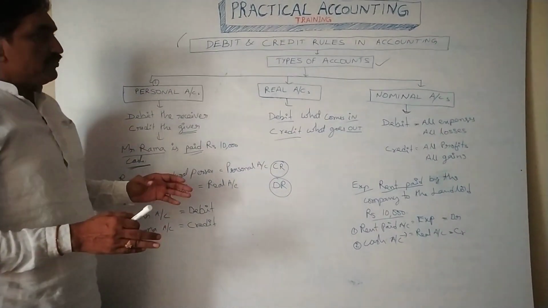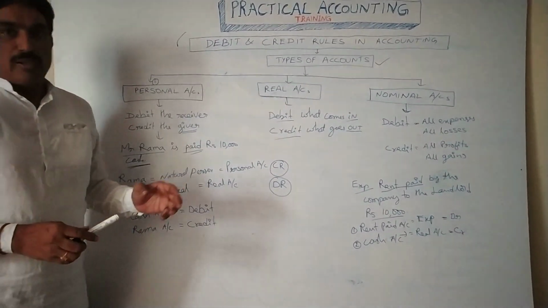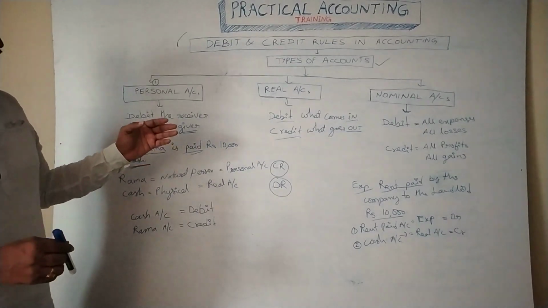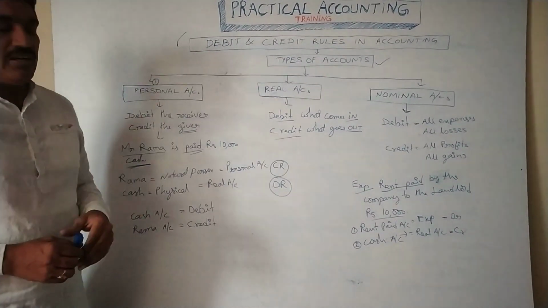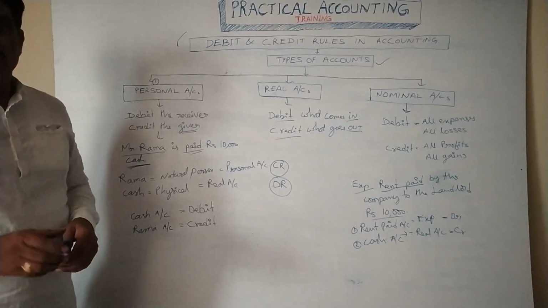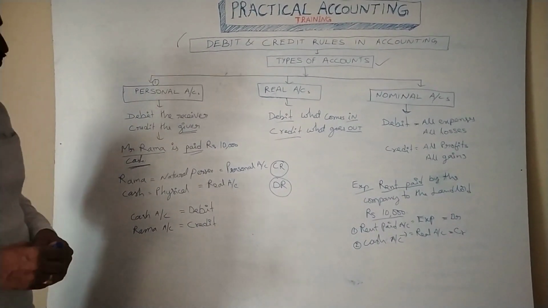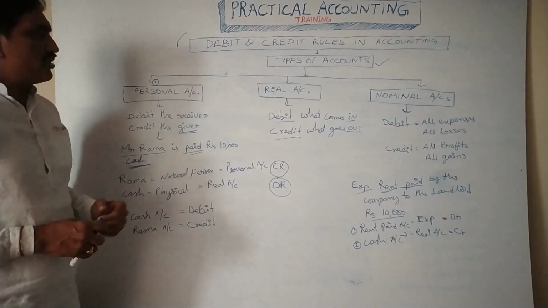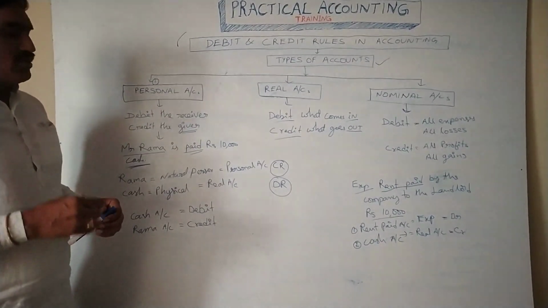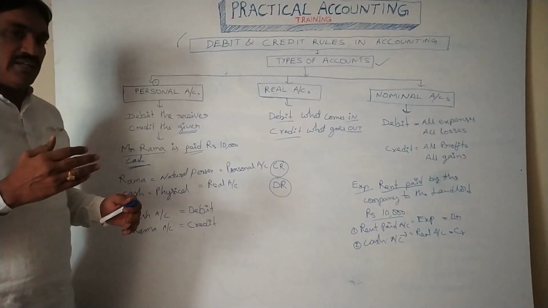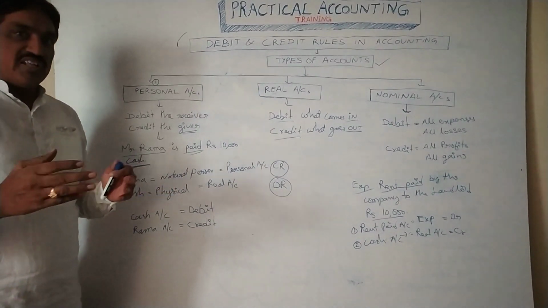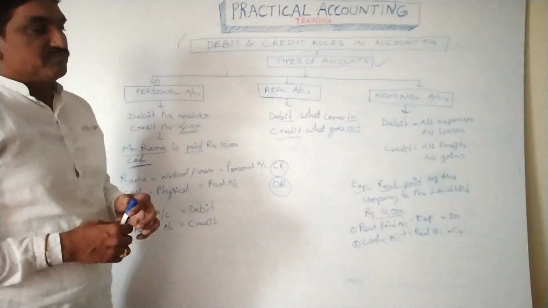It's simple, friends. Without knowing these credit and debit rules, nobody can do accounting. It's a very, very important first stage of accounting, which is recording, as per the definition.